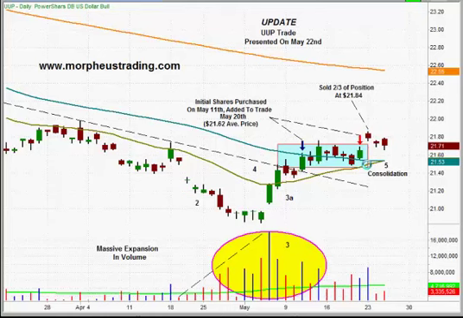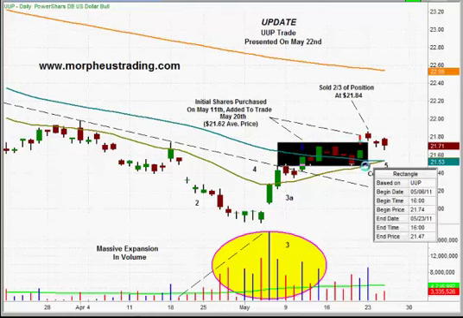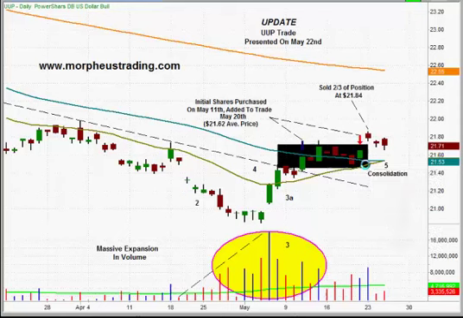Anyone can enter a trade, but it's how you manage it, the mathematics behind it, that determines whether you'll consistently make money. You don't have to have very many winning trades to make money. We find that with 40 to 50, 60% winning trades, you can make a lot of money, but it's how you manage the trade, and that's what we teach at MorpheusTrading.com.